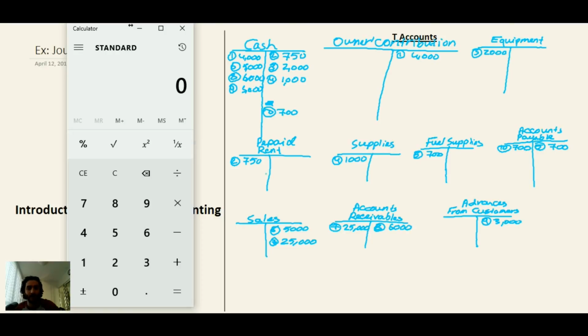Expense normally has a debit balance. So only asset and expense accounts will have a debit balance, and we call it normal balance. If it doesn't have a normal balance, we call it abnormal balance.